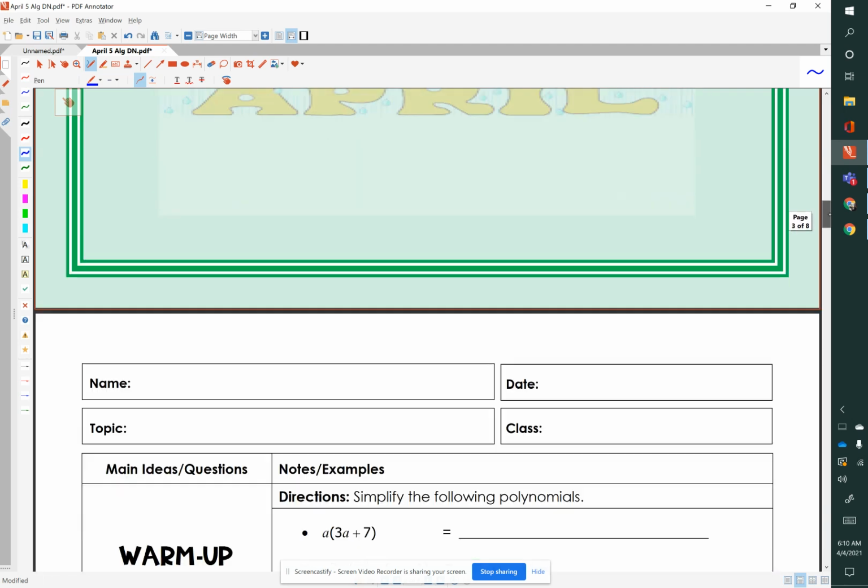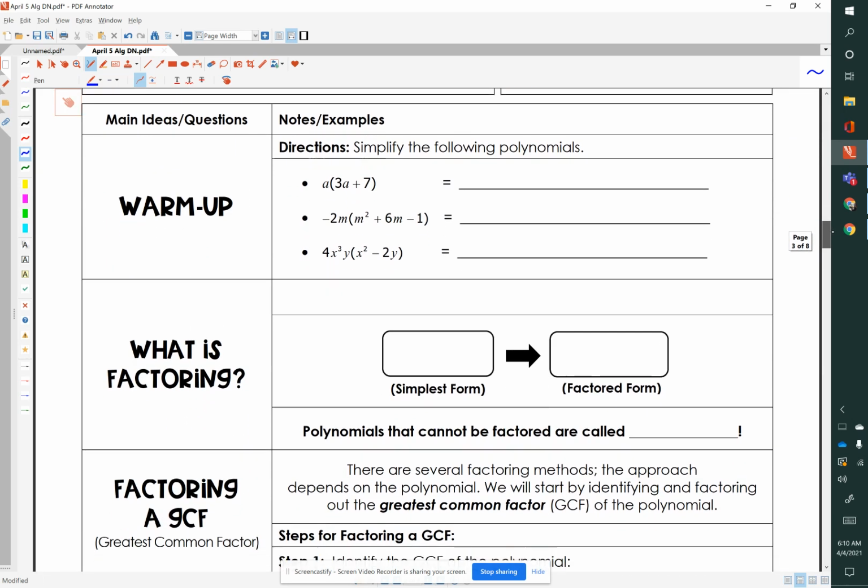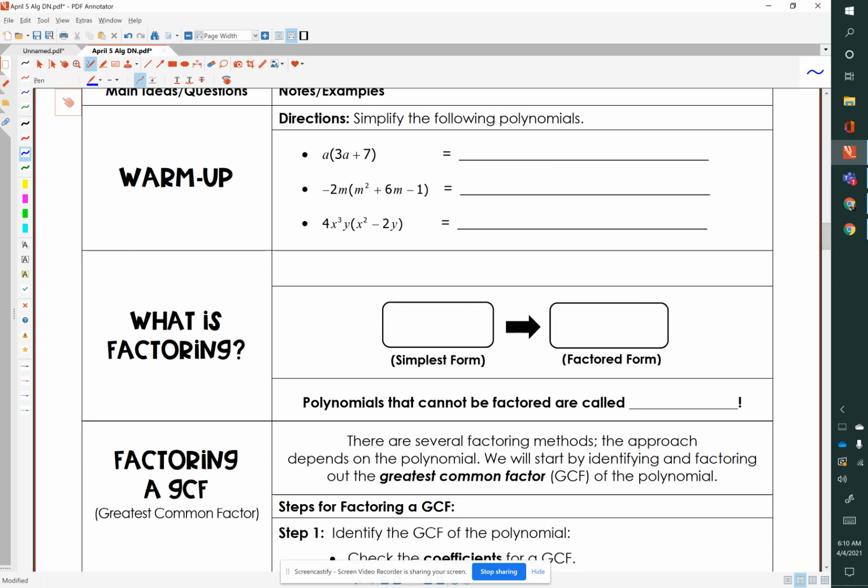So let's talk about this factoring. We're going to warm up by applying the distributive property to these 3 polynomials. If we distribute a through the quantity of 3a plus 7, a times 3a is 3a squared. A times 7 is 7a, and we're adding those.